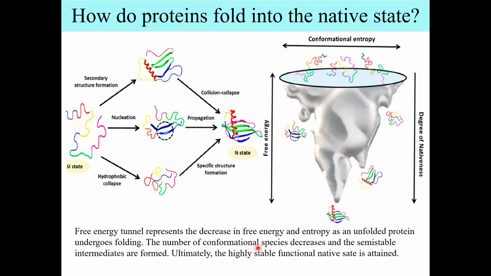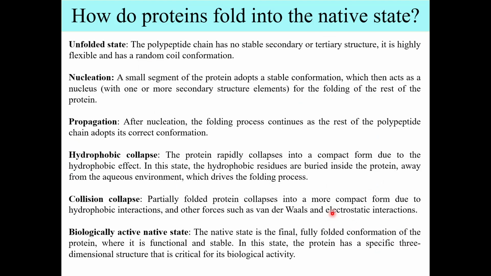The number of conformational species, that is, the number of different conformations it can form, the conformational ensemble, decreases and semi-stable intermediates are formed. These are your different semi-stable intermediates. Ultimately, the highly stable functional native state is attained. Right? We already discussed this slide.